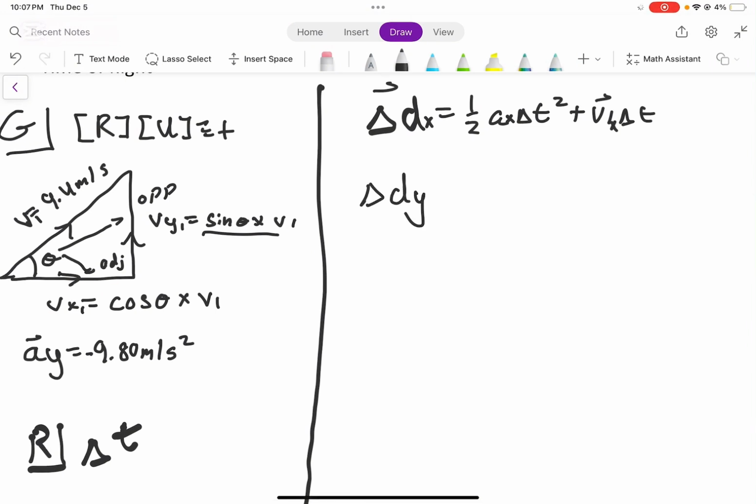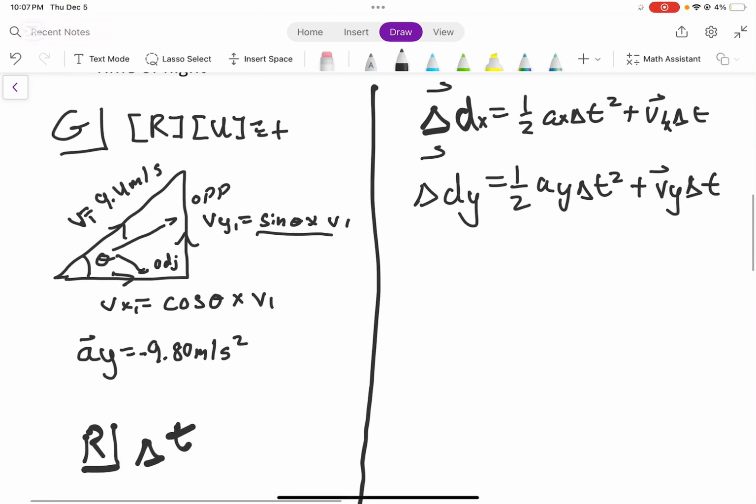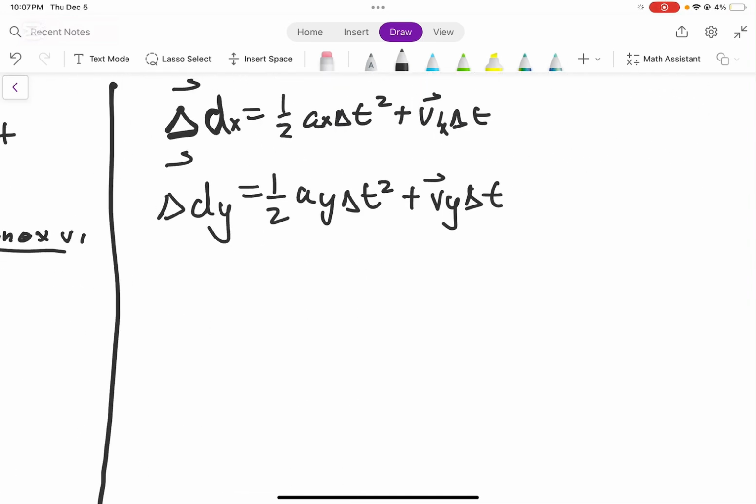So delta dy is equal to 1/2 ay delta t squared plus vy delta t. Now we made sure to keep all our directions the same. We're working in the vertical. So we're going to use only our vertical knowns. So we know that the vy1, should put a 1.